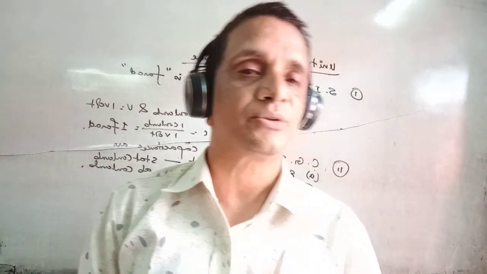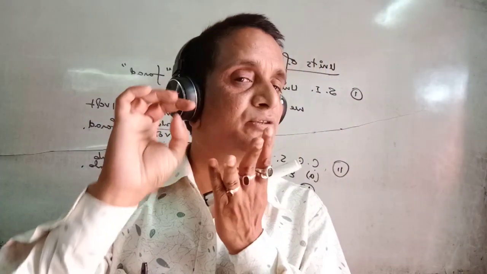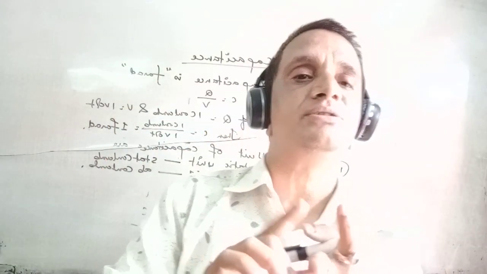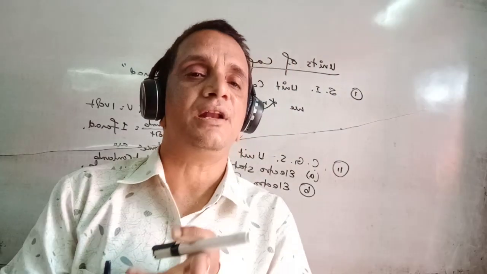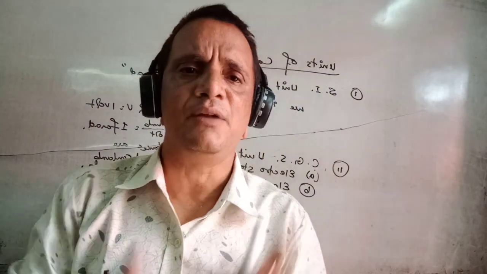So there are three definitions: the SI unit is the farad, the electrostatic unit is the stat farad, and the electromagnetic unit is the ab farad.